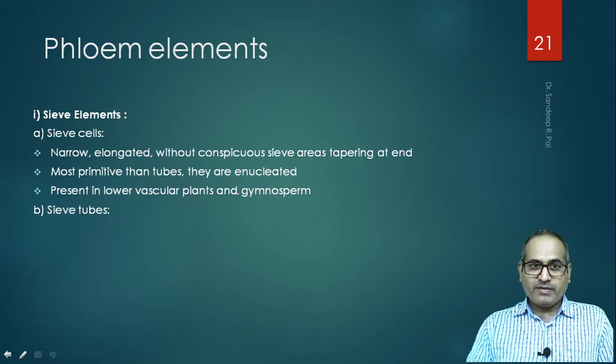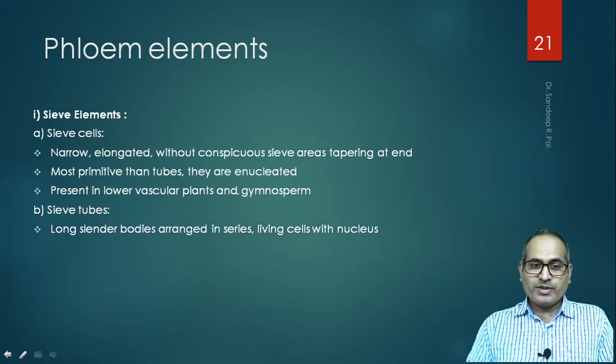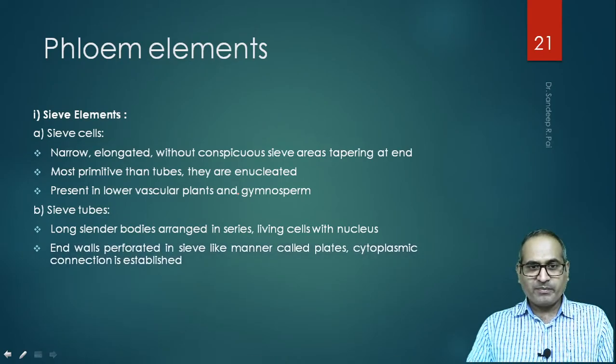Now let us see sieve tubes. Unlike sieve cells, they are long, slender bodies arranged in series, living cells with a nucleus. So phloem elements, most of them or all of them, are living cells. The difference is that sieve cells are enucleated and sieve tubes have a nucleus.